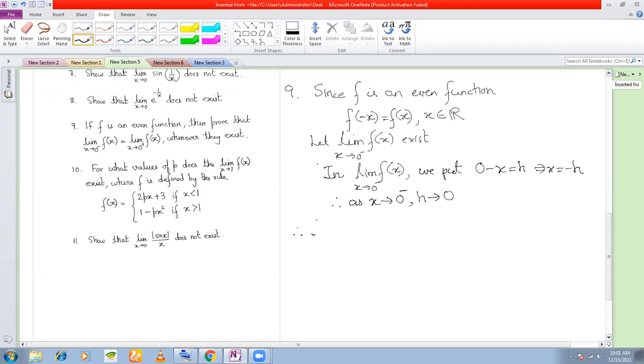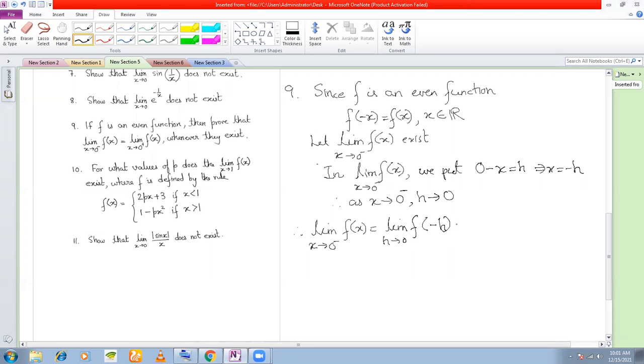So therefore, what do we get? The limit as x tends to 0 minus of f of x is equal to, now change everything to h, the limit as h tends to 0 of f of minus h, right?